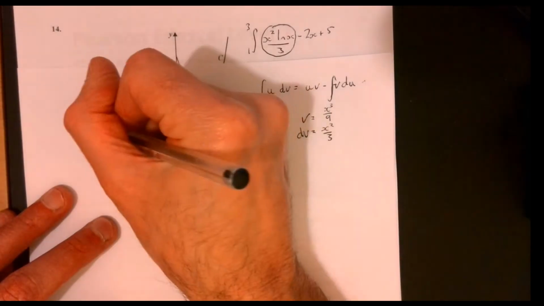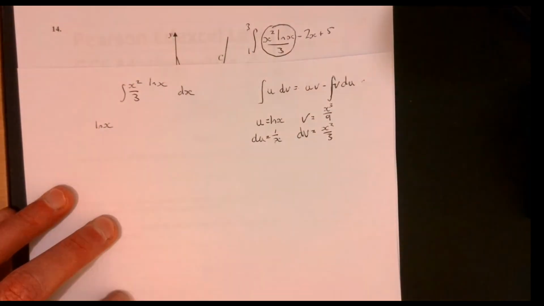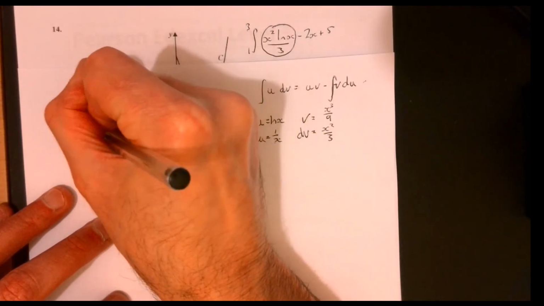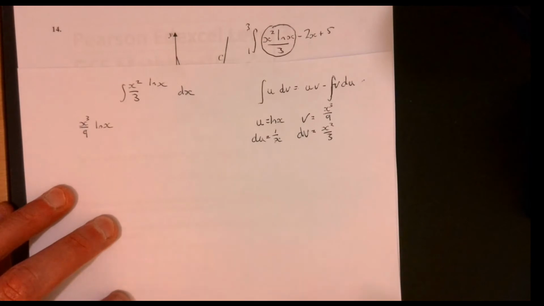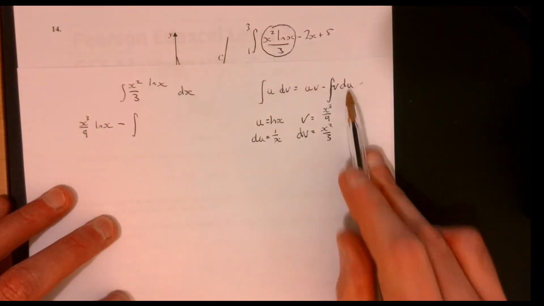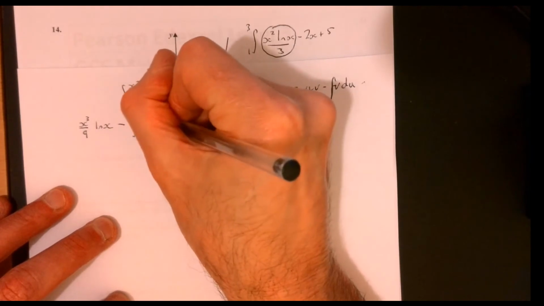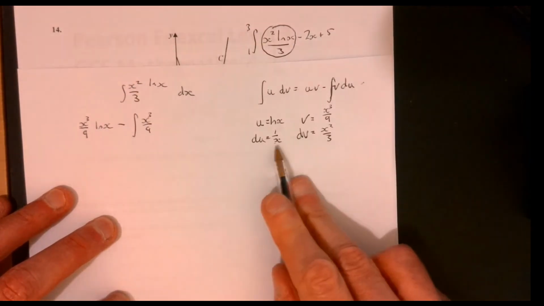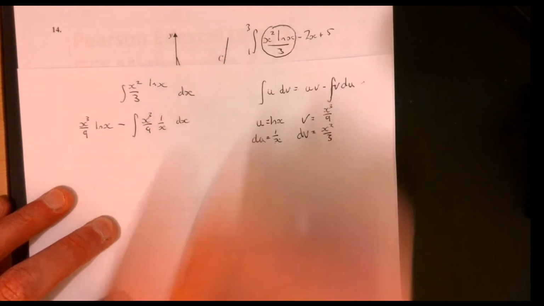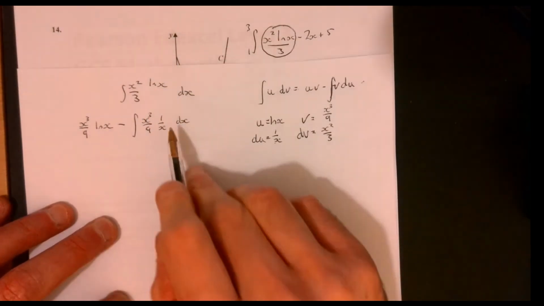So we've got u, which is ln x, multiplied by v, x cubed over 9, and then we're going to take away the integral of v times du. So we've got x cubed over 9 times 1 over x, with respect to x.